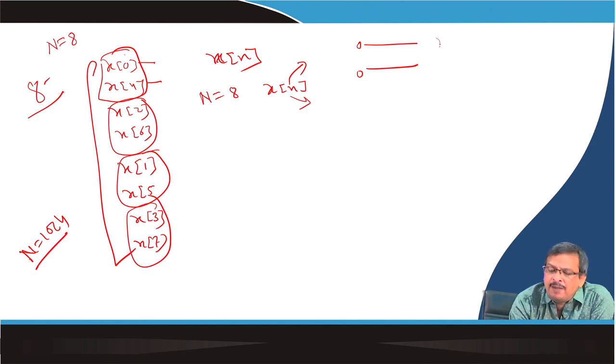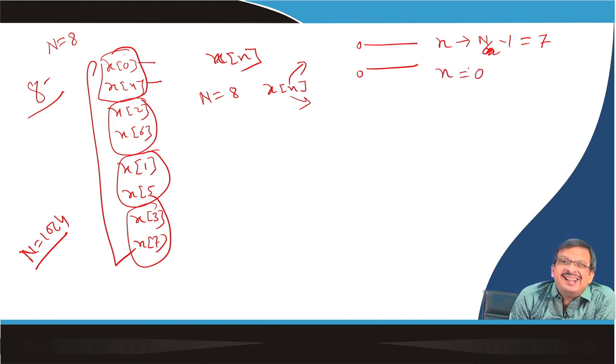What is the maximum value of n? N minus 1, which is nothing but 7. What is the minimum value? 0. How many bits are required to represent 7 as a decimal number? I know 3 bits. So, 3 bits can represent the index of the signal for an 8-point DFT, where the length of the signal is 8.